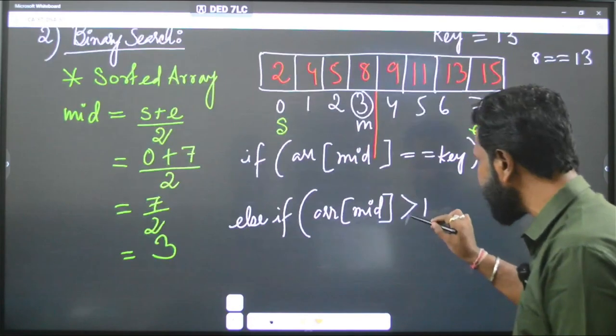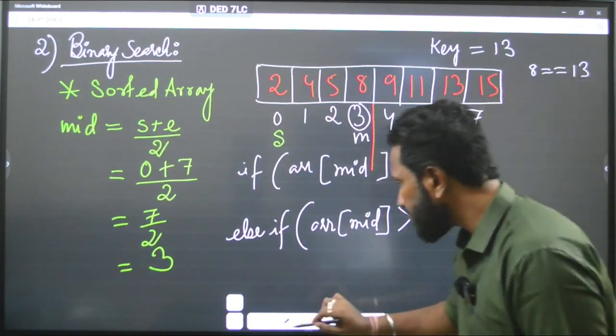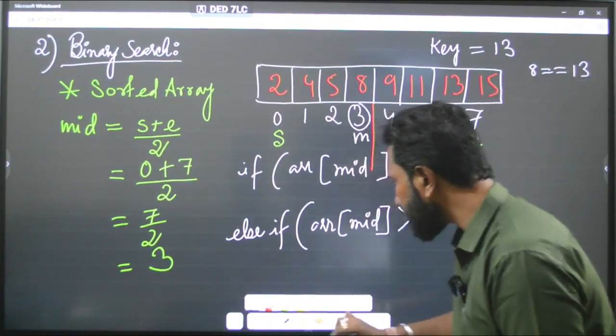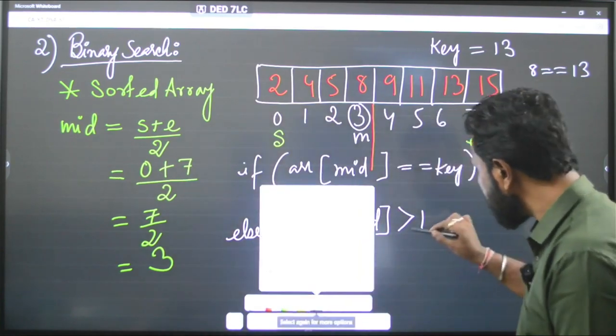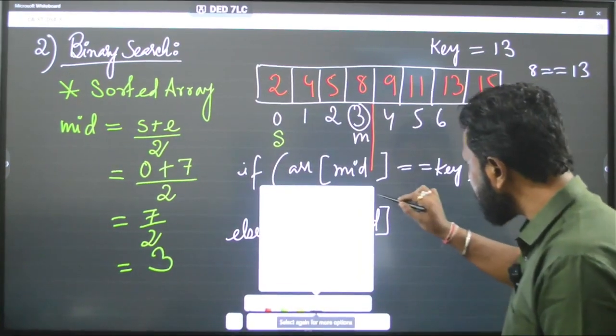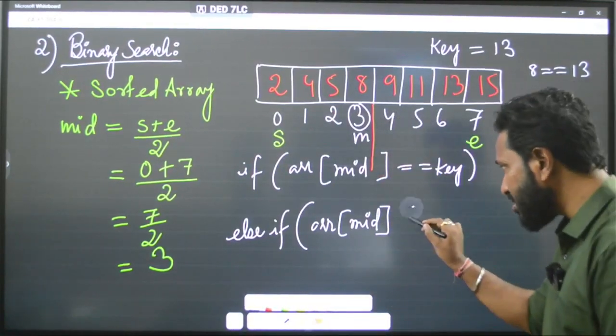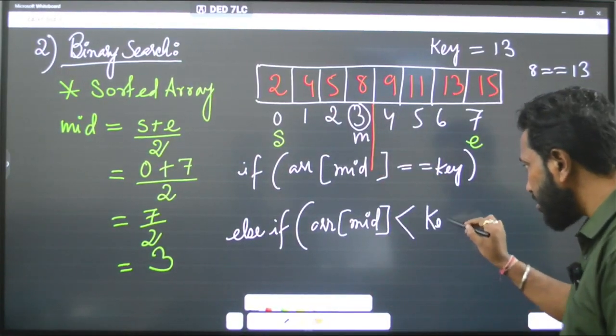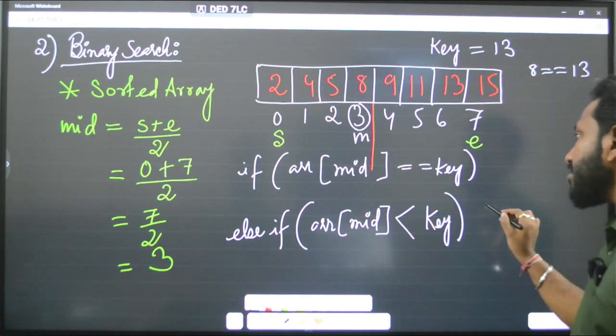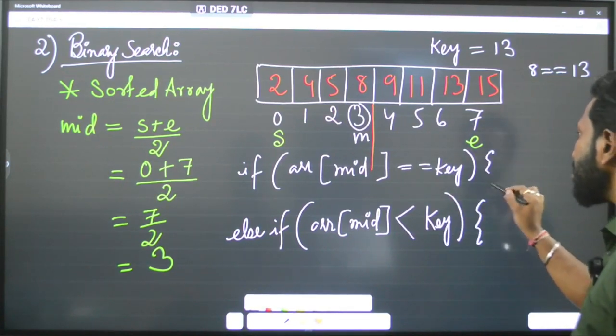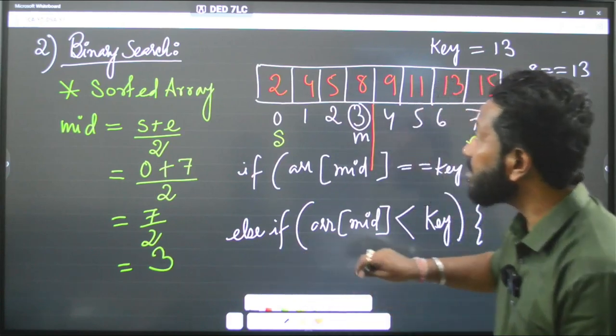So, let us take less than, otherwise you will not understand. If ARR of mid is less than the key, then what happens?